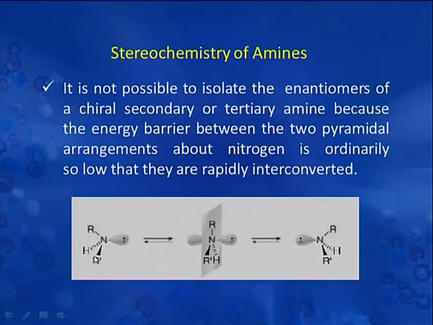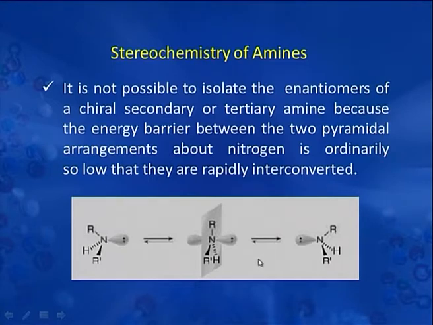Even then, the molecule does not show optical activity. The reason behind it is that the energy barrier between the 2 pyramidal forms, the energy barrier between the 2 pyramidal arrangements about the nitrogen, is so low that they are rapidly interconverted. That is, this is one pyramidal form and this is another pyramidal form, and they keep on interconverting.